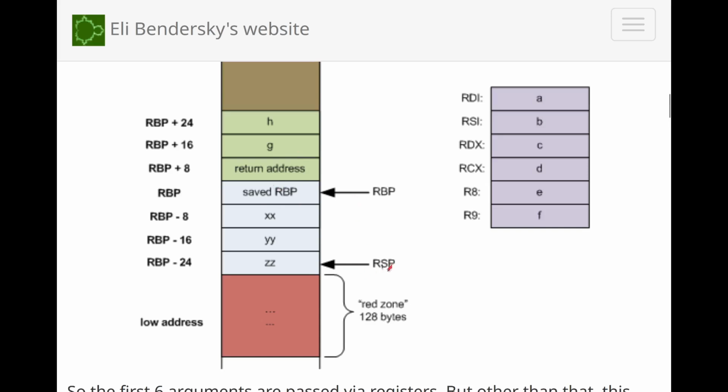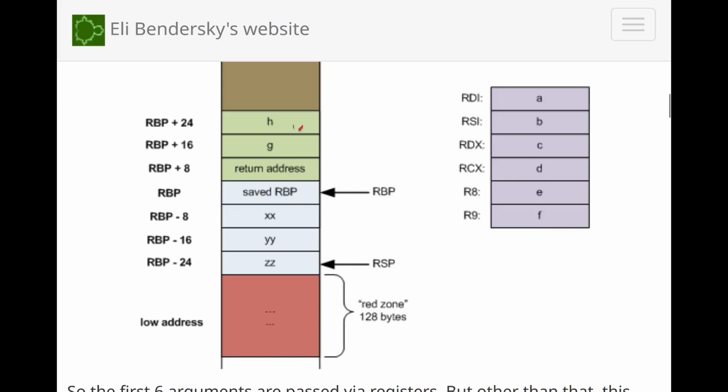RSP is the stack pointer, so the stack pointer always points to the top of the stack, which is the most negative number because we're going down in addresses. There's an instruction where you can actually push values onto the stack. And this RBP is a special register that you could use for anything you want, but according to the calling convention, it is meant to always hold a pointer to the current stack frame. And so the current RBP points to this address in memory.